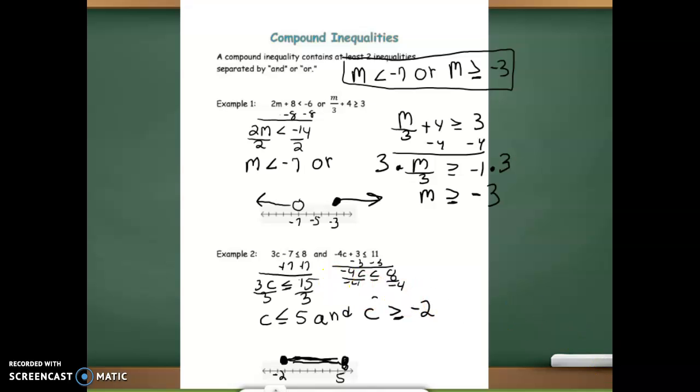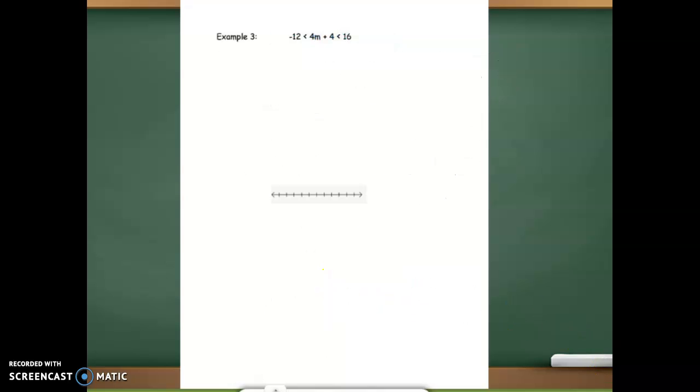Now we've got one more AND statement to look at. Sometimes these compound ones, this is an AND statement, but they'll have it in the middle. All right? So what we're going to do, if it's in the middle, is we're going to just try to get the letter by itself. I'm going to take that 4 and subtract it on both sides of the equation.